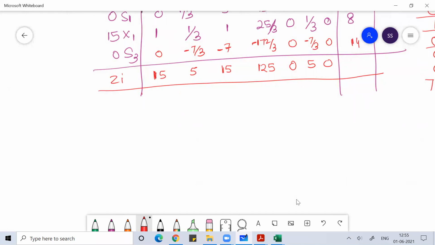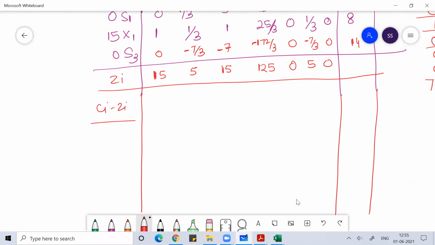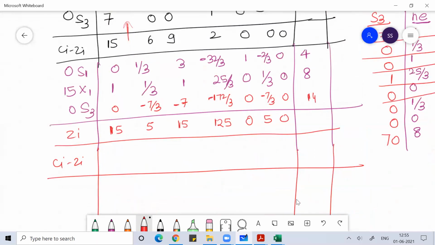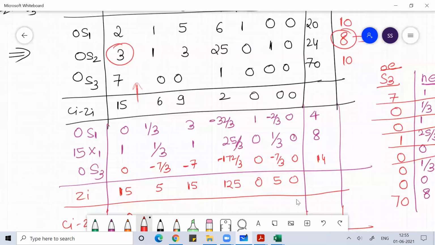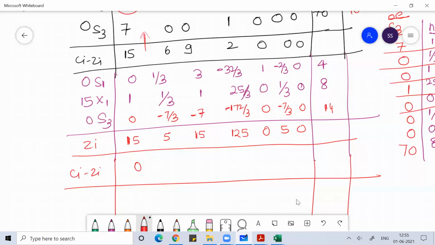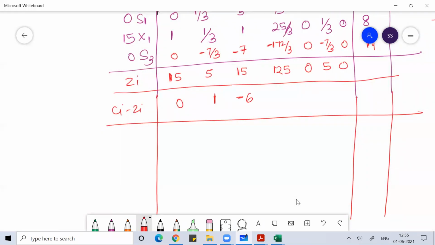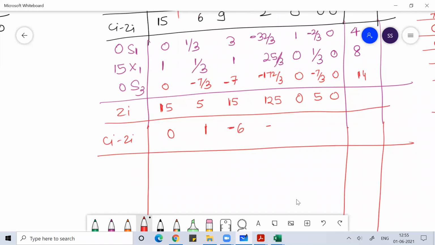So then cj minus zj. 15 minus 15, 0, then 6 minus 5, 1, then 9 minus 15, minus 6, then this is minus 125, this is 0, then minus 5, then 0.